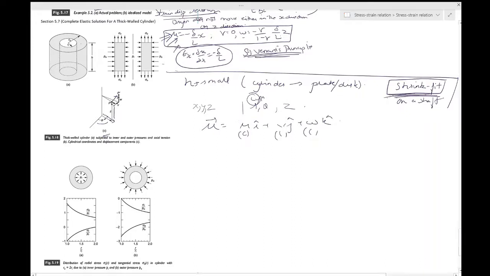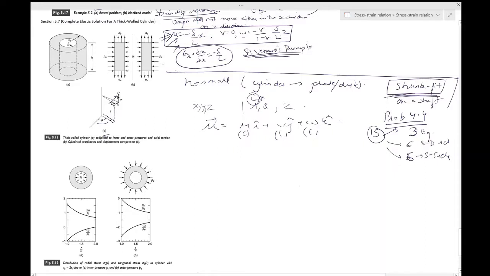The 15 equations of elasticity in the cylindrical coordinates consist of three equilibrium equations. So you will see a problem 4.4 in which you will again have the 15 equations of elasticity. It will have three equilibrium equations, six strain displacement relations, and six stress strain relations.